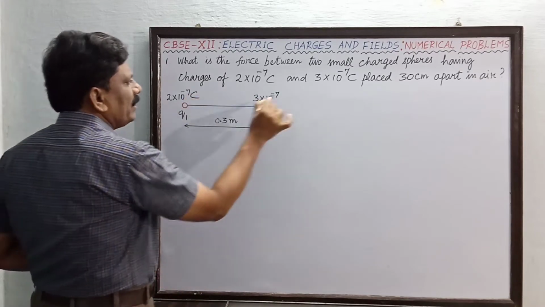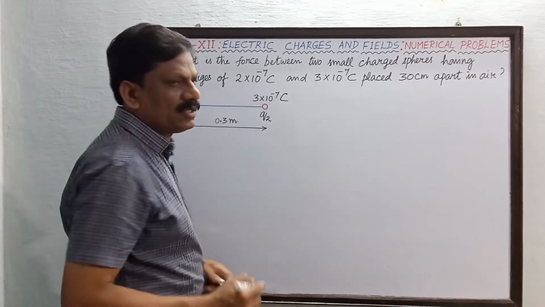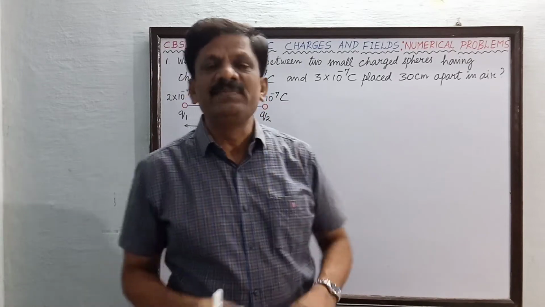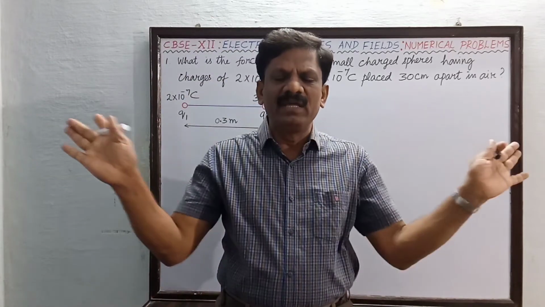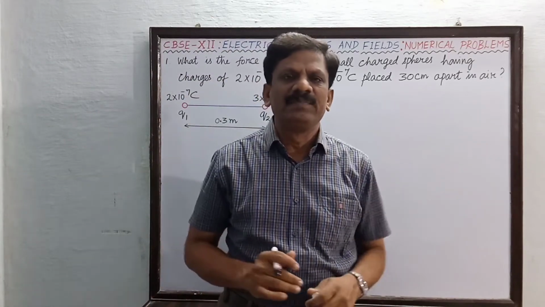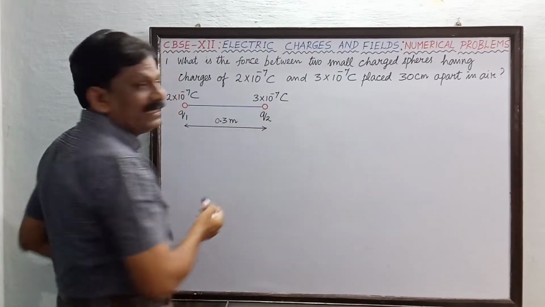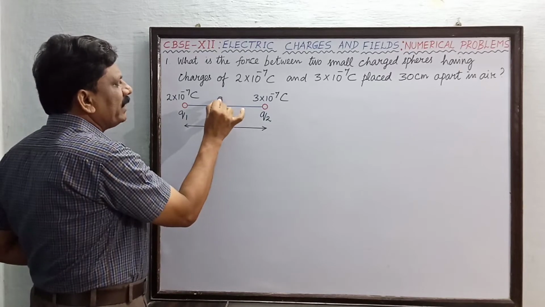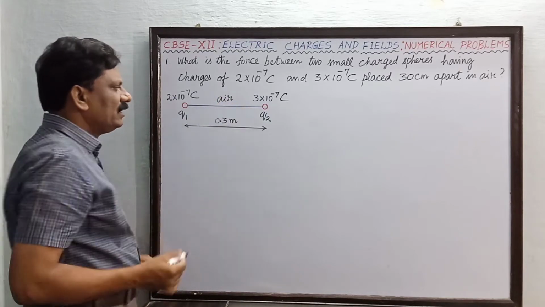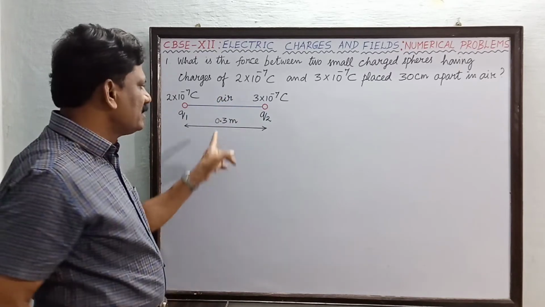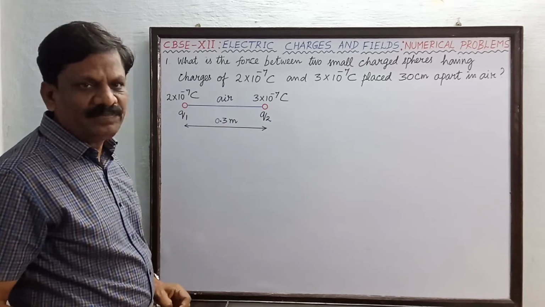So both are positive charges. So these two charges experience a repulsive force and they will be repelling outward. They are separated by a distance of 30 centimeter in air. So in which medium they are situated is air. The distance in meter is 0.3 meter.